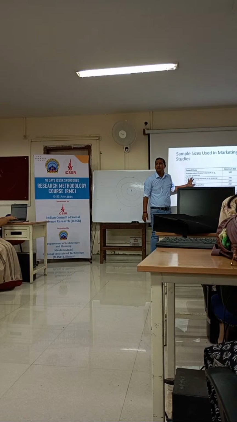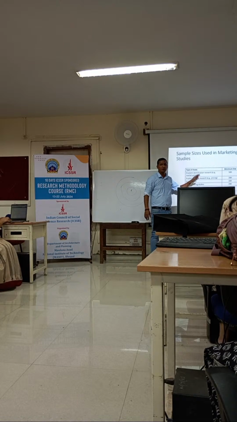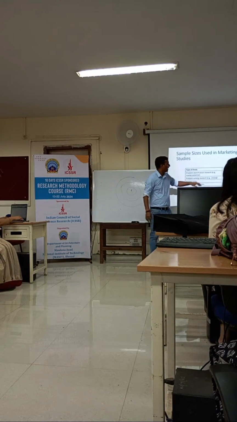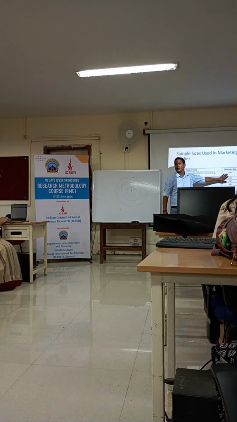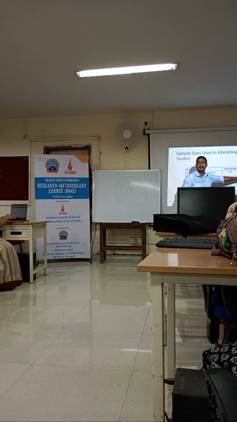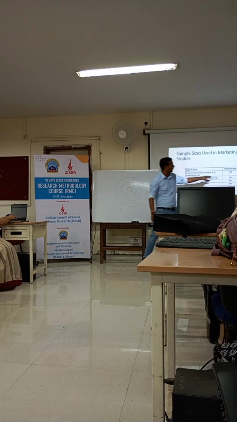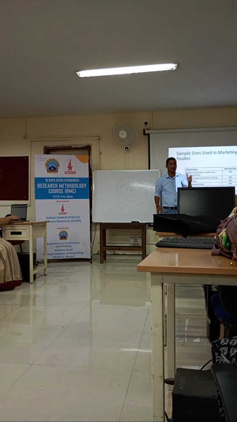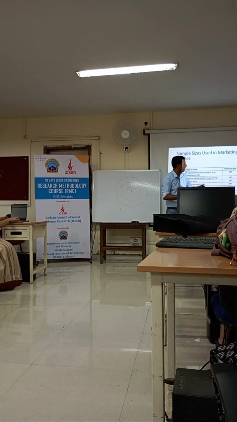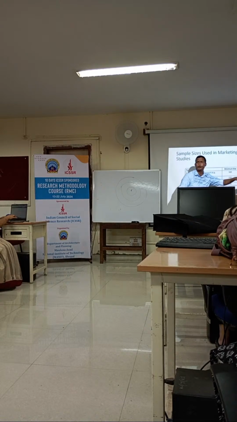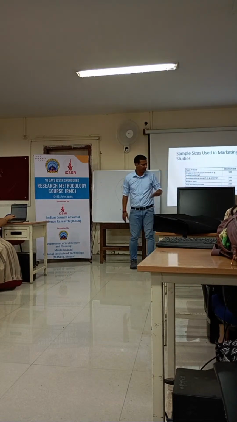You have to see which type of research you are doing. If your research is problem identification research, exploratory type, in that case, the minimum size would be 500, but the ideal range is 1,000 to 2,500.